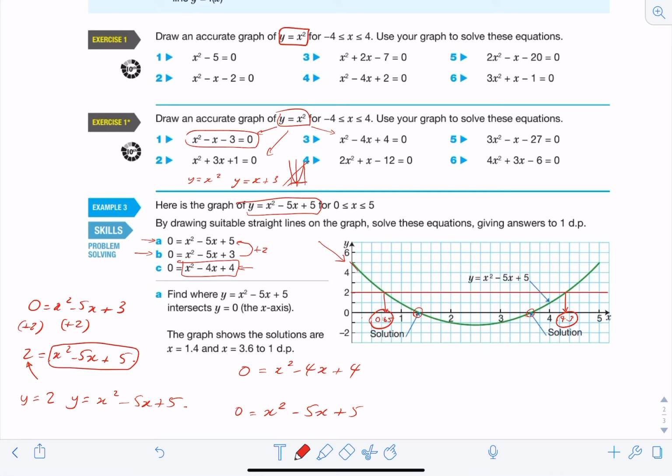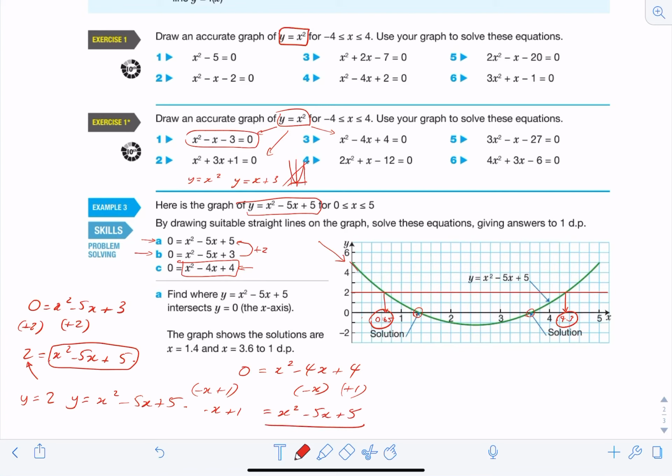Well, I can see that I'm going to have to take away an x and plus 1. But I've got to do the same thing to both sides. So I'm going to get negative x plus 1 equals x squared minus 5x plus 5.